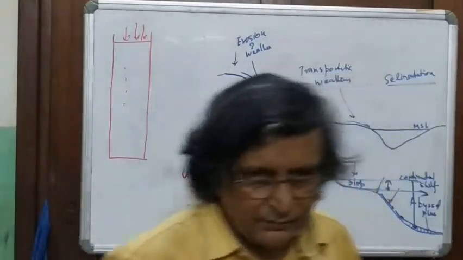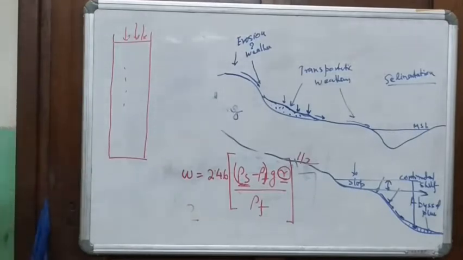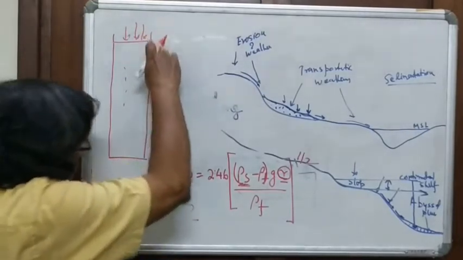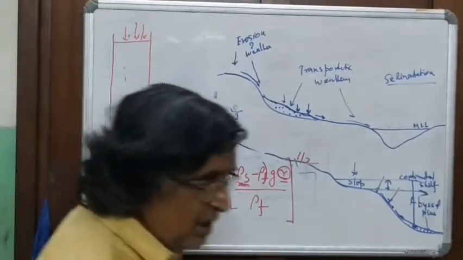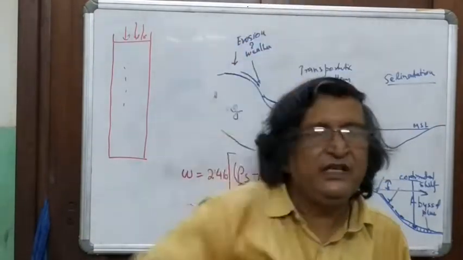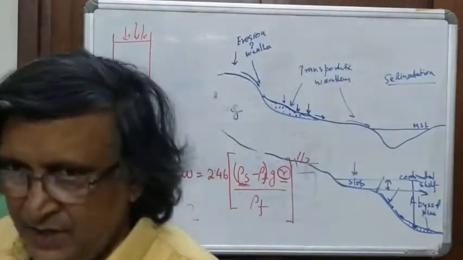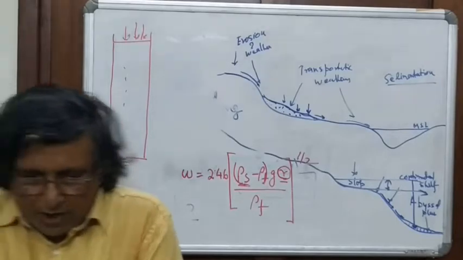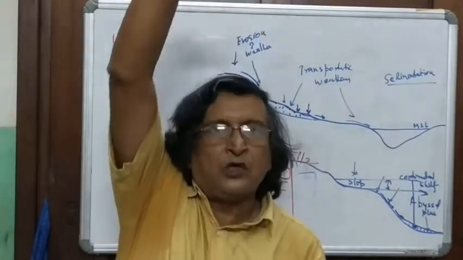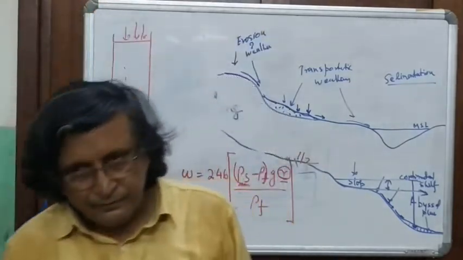Imagine a situation where this long jar means that the water level is very high. The length of the water column is very high.